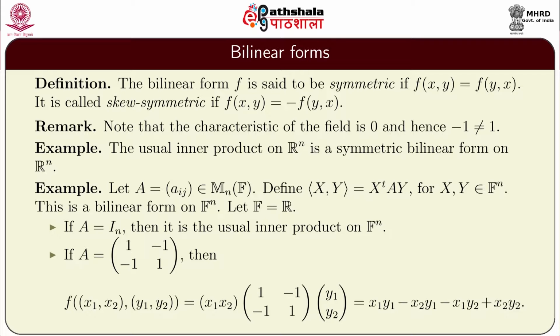And if, for example, A is this 2 cross 2 symmetric matrix given by 1 comma minus 1 in the first row and minus 1 comma 1 in the second row, then this bilinear form would look like f of (x1, x2) comma (y1, y2) is equal to (x1 x2) times the matrix 1 minus 1 minus 1 1 times the column matrix (y1, y2), and then what we obtain is x1 y1 minus x2 y1 minus x1 y2 plus x2 y2.